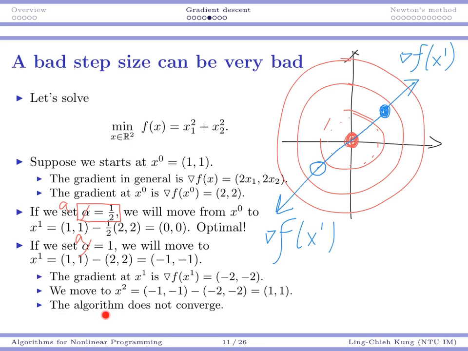That's why the algorithm will never converge, because we'll just keep moving back and forth. So this very tiny example simply tells you that choosing the step size can be very important. Even though moving along the opposite direction of the gradient is somewhat smart, you still need a clever choice of your step size. So in the next video, let's talk about how to choose a step size. Thank you.